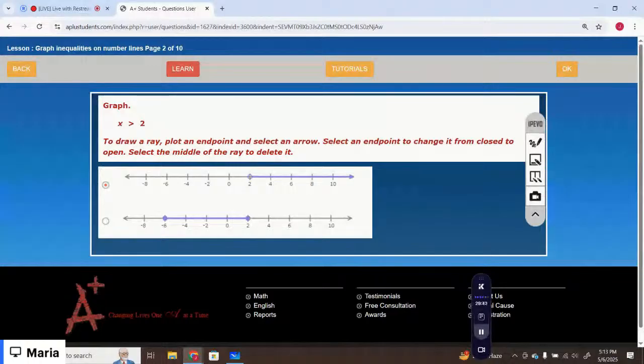It has an open circle on 2, because 2 is not the solution, right? So all the numbers that are greater than 2 are the solutions. So option number one is the correct option.